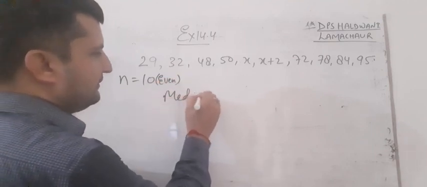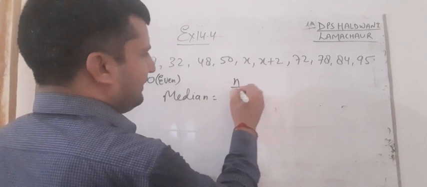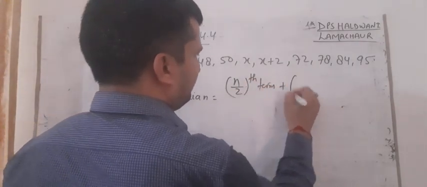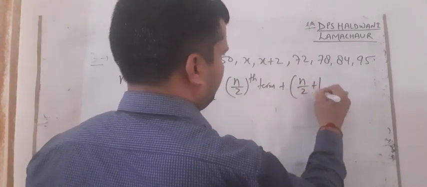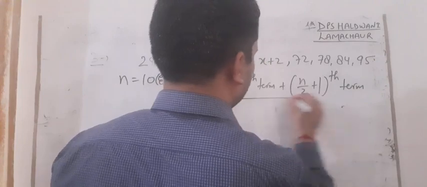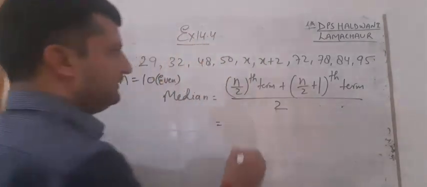Median is equal to the n upon 2th term plus the n upon 2 plus 1th term, whole divided by 2.